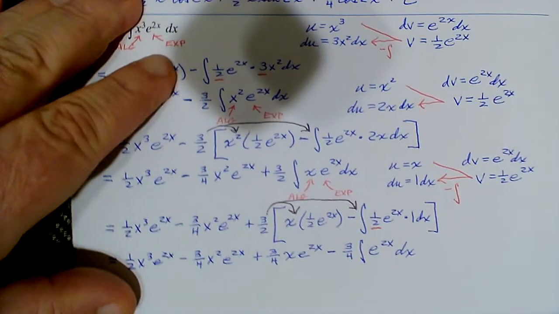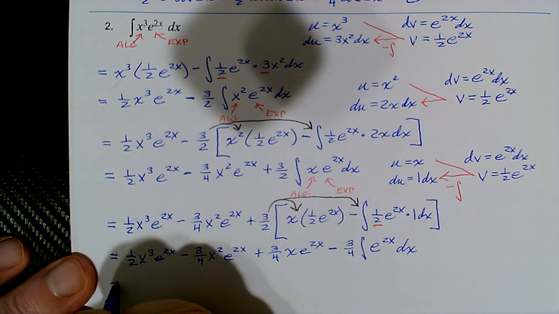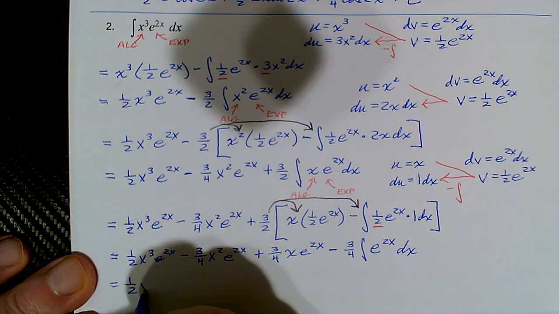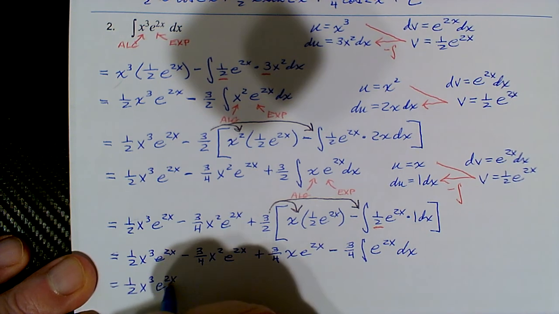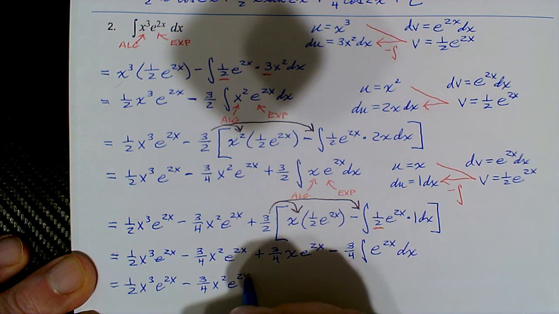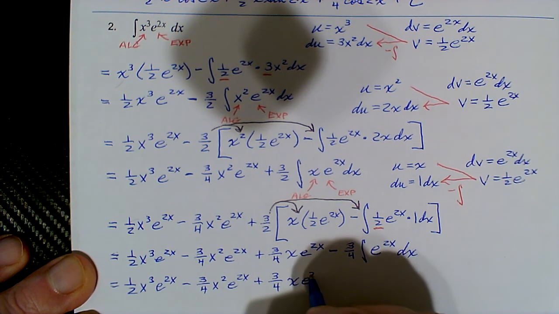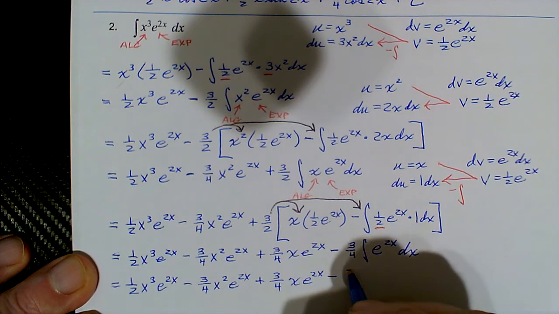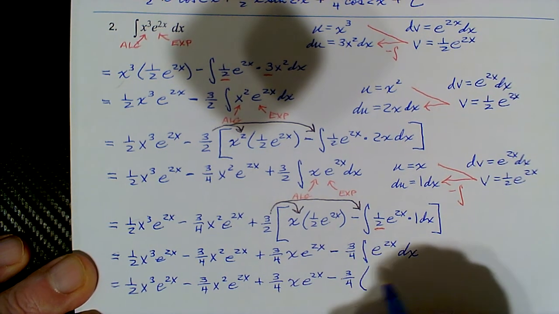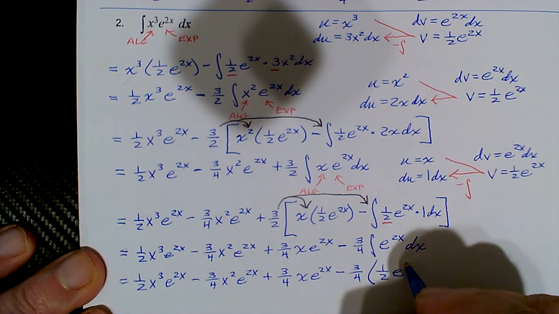And finally, we are to a point where the new integral is readily integrable. And so we can integrate that. Recopy the 1/2 x cubed e to the 2x, the negative 3/4 x squared e to the 2x. This third term, the plus 3/4 x e to the 2x, is also part of the solution. And now finally minus 3/4 and integrating e to the 2x again, we get 1/2 e to the 2x.